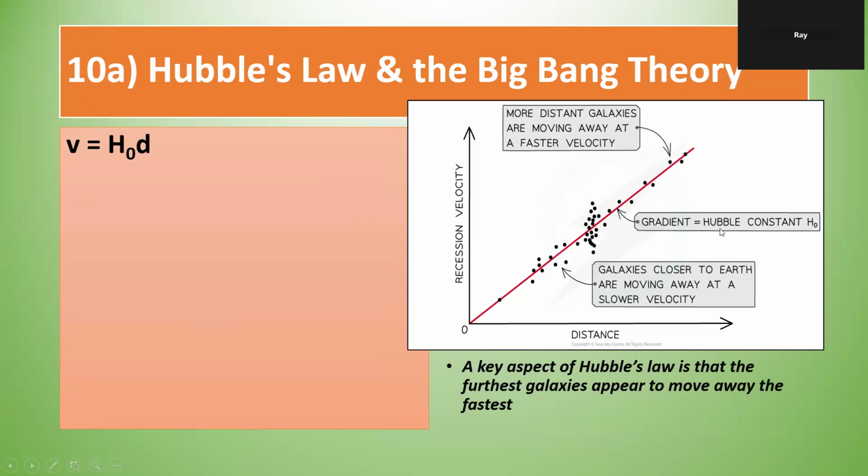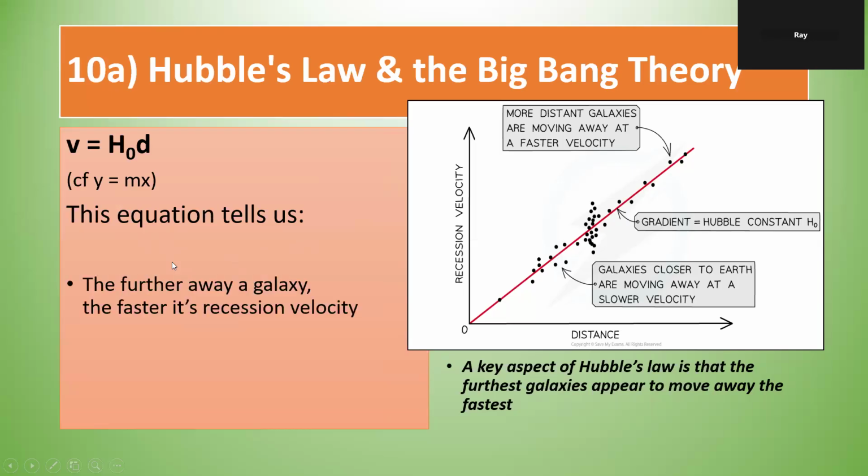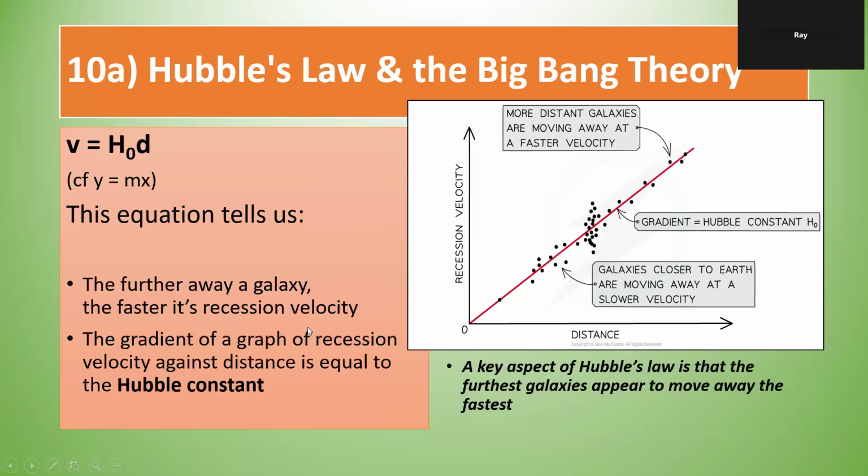The gradient equals Hubble's constant, H0. Right? Compare with the equation of a straight line. That's what we have just said. The further away a galaxy, the faster its recession velocity. The gradient of the graph of recession velocity against distance is equal to Hubble's constant. Right? The gradient gives Hubble's constant.